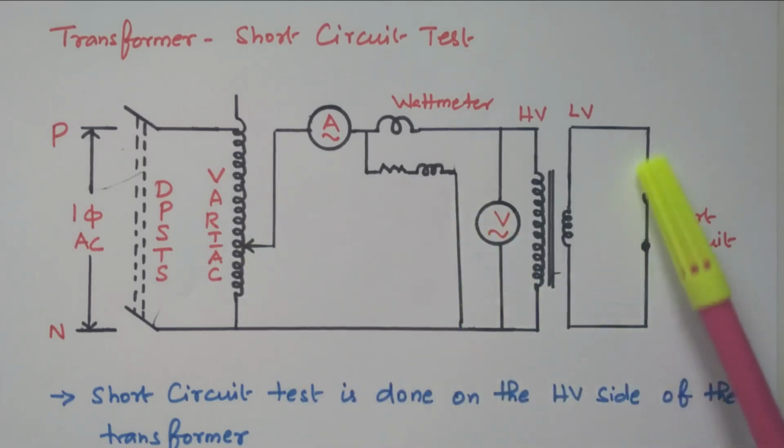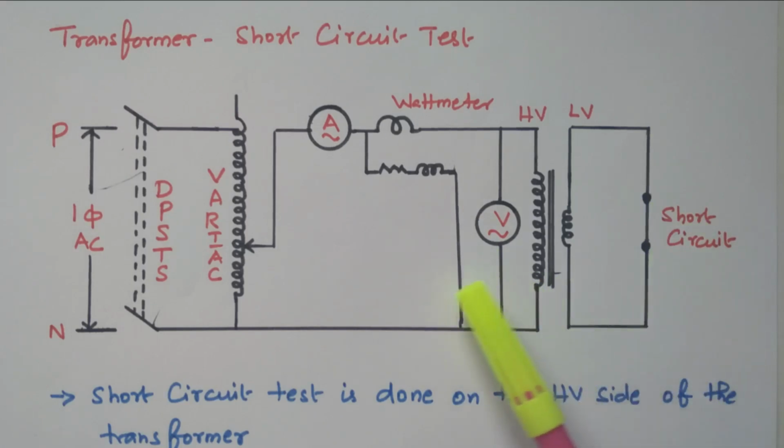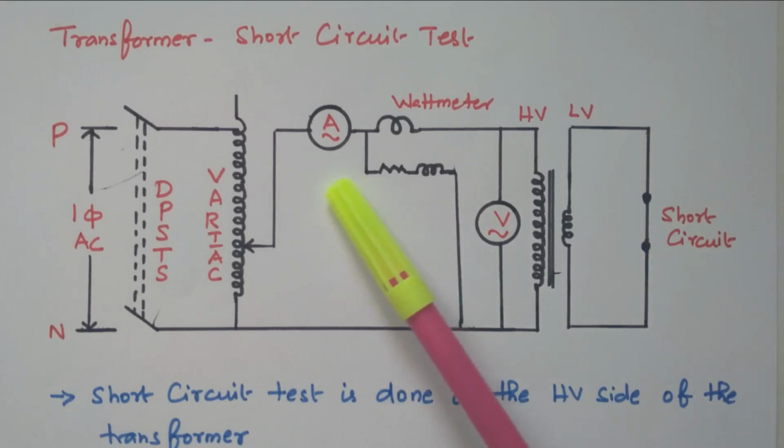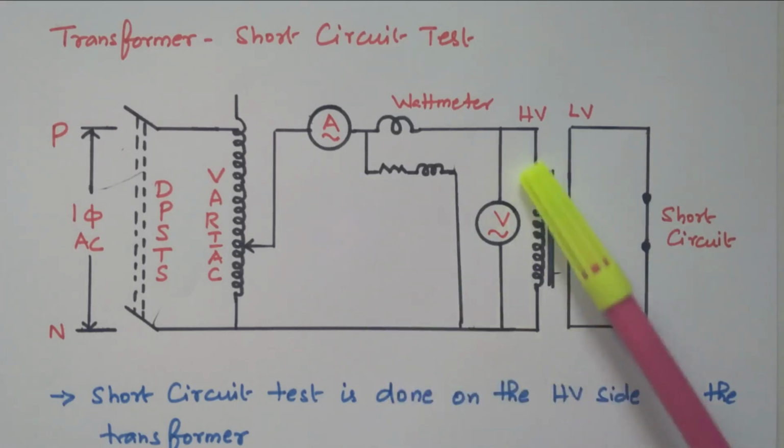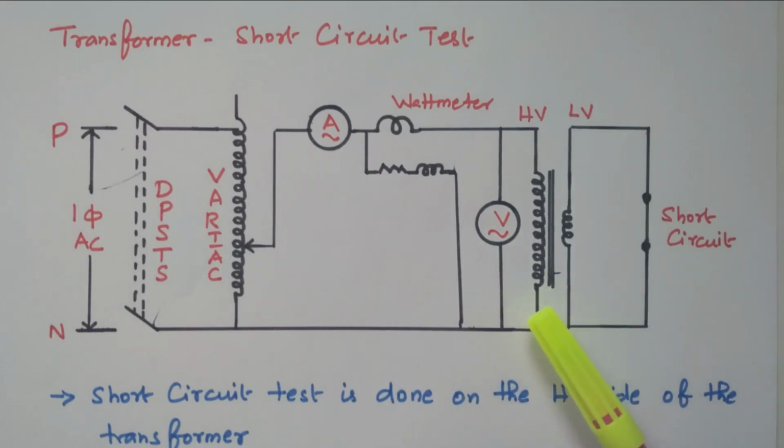The secondary winding is short circuited, so the applied voltage is very small, but the current is large. The rated current is applied. So the loss in the winding is fully copper loss, because the voltage is very small, the core loss can be neglected. We only consider the copper loss.